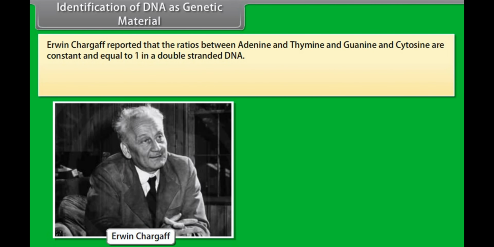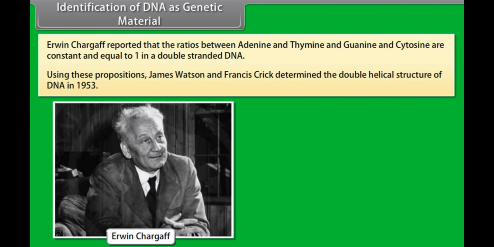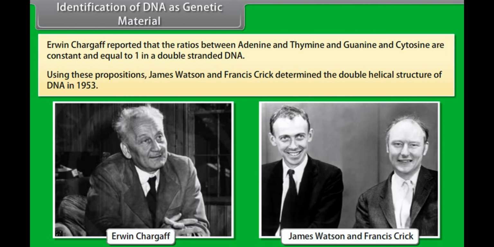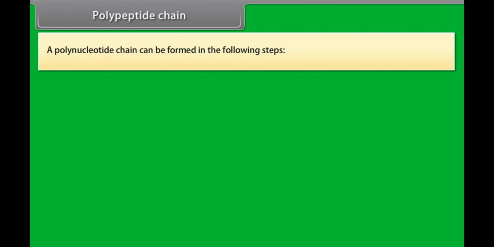Erwin Chargaff reported that the ratios between adenine and thymine, and guanine and cytosine, are constant and equal to 1 in a double-stranded DNA. Using these propositions, James Watson and Francis Crick determined the double helical structure of DNA in 1953. Polynucleotide chain. A polynucleotide chain can be formed in the following steps.